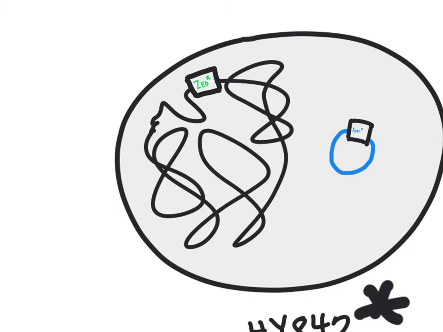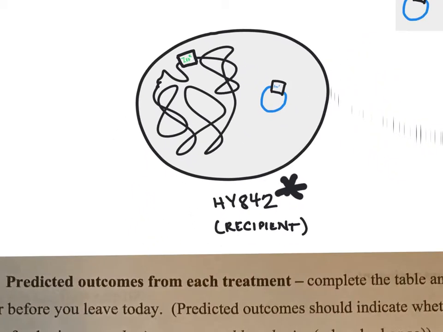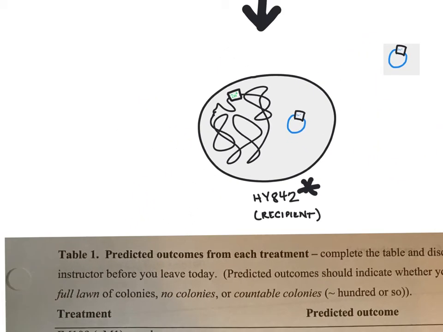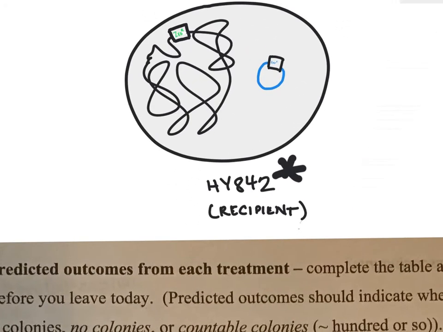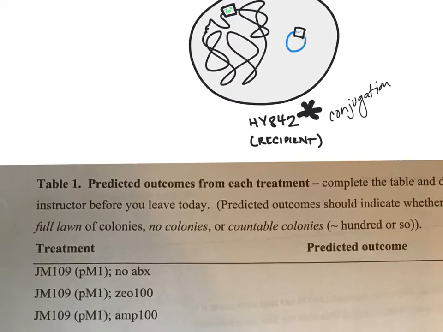So now on the homework, what we asked you to do is to determine what was going to happen to these three different populations, each either the JM109 or the HY842 or the HY842 that have undergone conjugation. And let's see what happens when we place them in the presence of particular antibiotics.